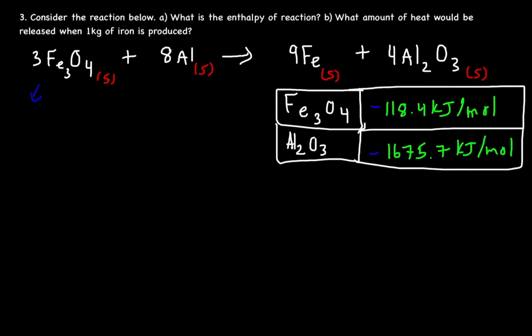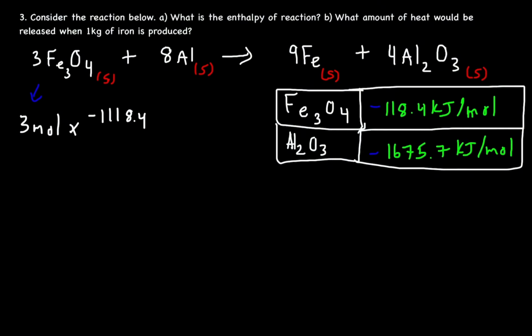For ferric oxide, there's 3 mole of ferric oxide. So 3 mole times the standard enthalpy of formation for ferric oxide, which is negative 1118.